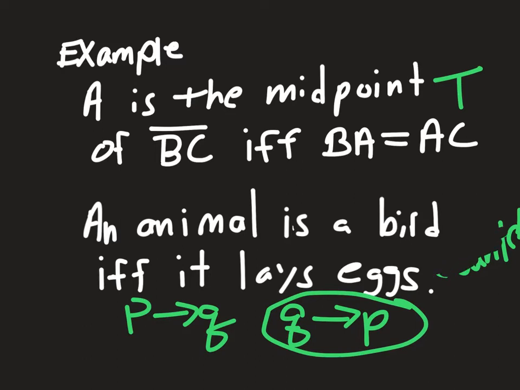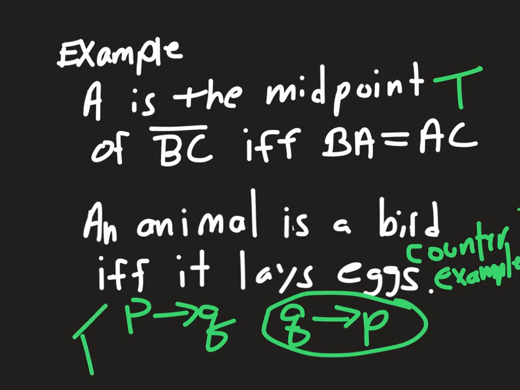One of the easiest ways to tell whether a biconditional is true or not is to think about whether you can think of an example where it's not. If you think a little bit, you can remember that there are reptiles like snakes and crocodiles. They lay eggs, but clearly they're not birds. So counterexamples are very important when we're looking at whether something is true or not, and this one has a value of false.